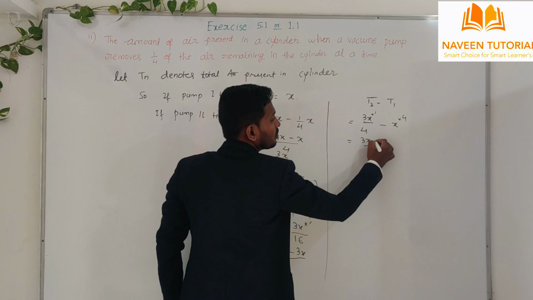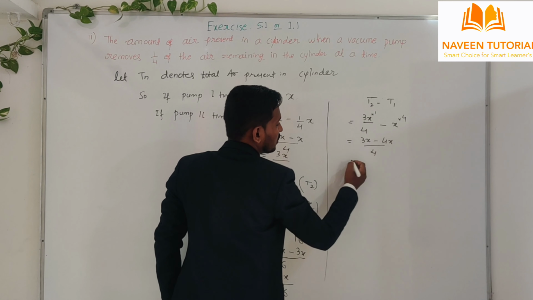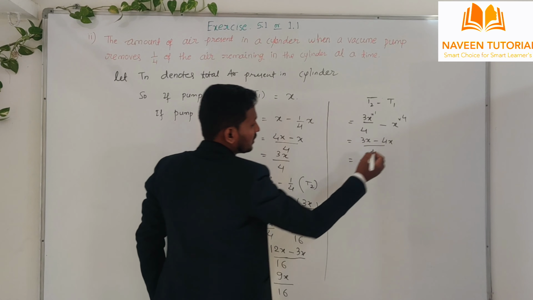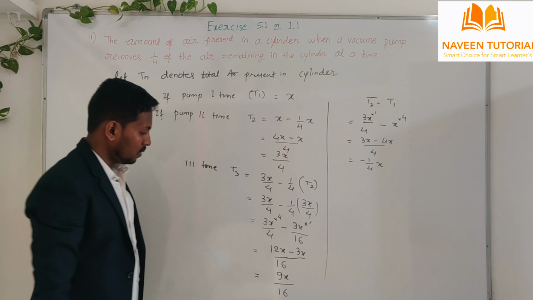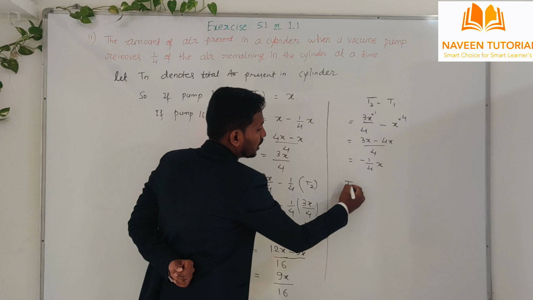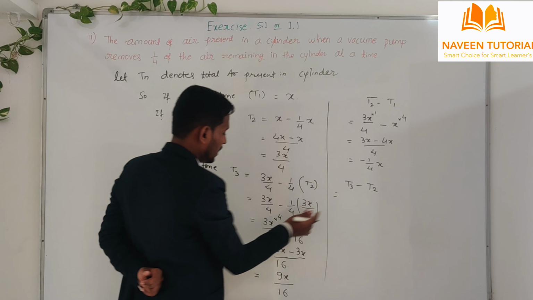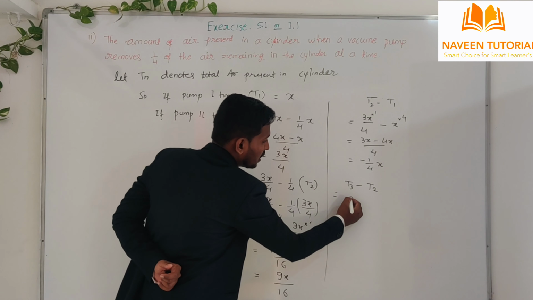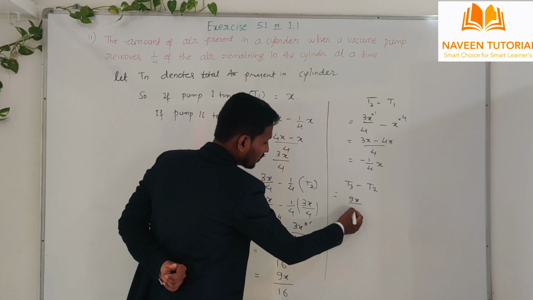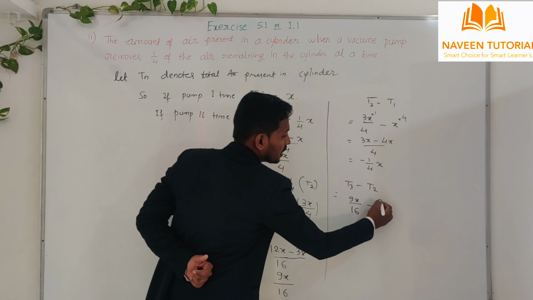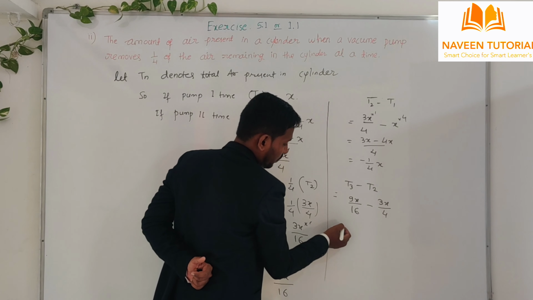So 3x minus 4x. So we obtain minus 1/4 x. And again we have to go to T3 minus T2. So T3 value is 9x/16 minus T2 value 3x/4.